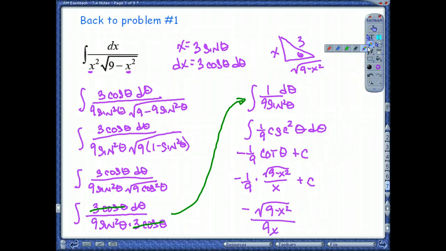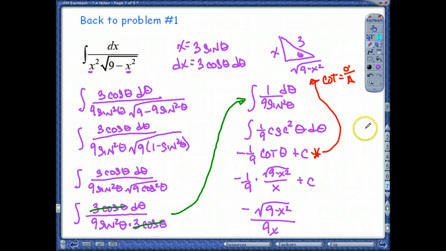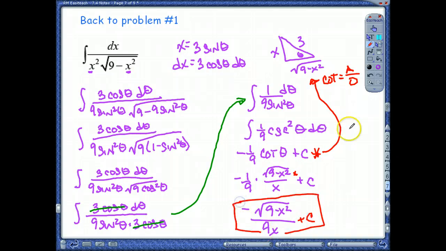So at this point, to substitute back out, you actually know that cotangent is opposite over adjacent. Oh, sorry, adjacent over opposite. Yikes, adjacent over opposite. Okay, so that's how we got this guy right here. All right, so this is our final answer. Don't forget your plus C. Goodness gracious, we don't want to do all this work and miss one because of that.